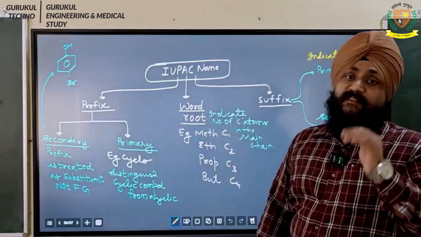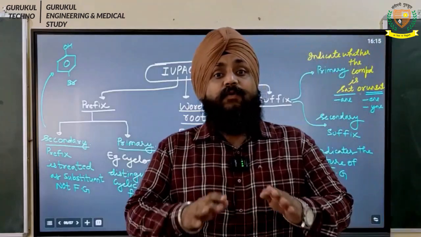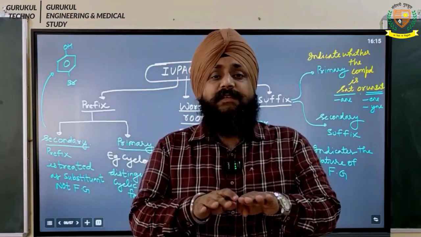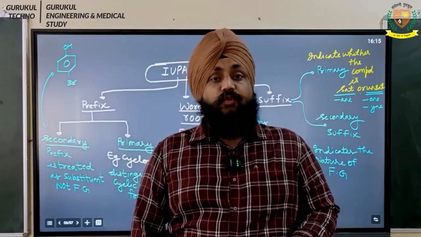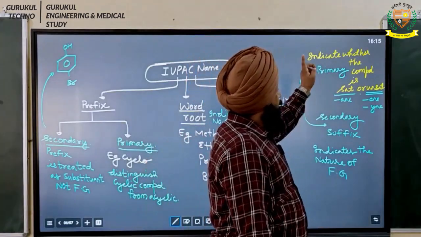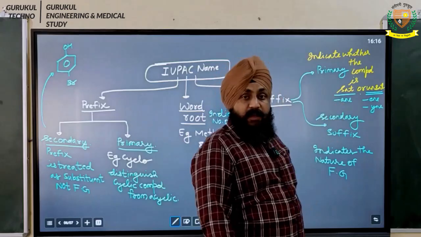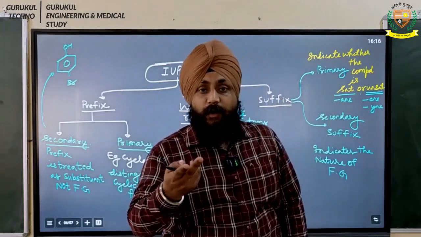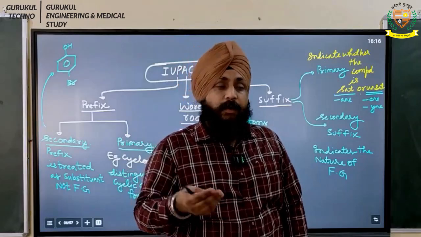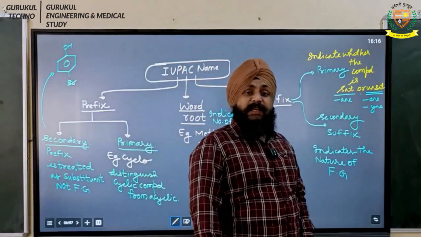अब ये primary suffix क्या बताता है कि कंपाउंड सैचुरेटेड है कि अनसैचुरेटेड है. अगर कंपाउंड में सारे सिंगल बॉन्ड है तो यू विल से इट इज सैचुरेटेड, तो यू विल बी यूजिंग द प्राइमरी सफिक्स एन. If it is unsaturated with double bond, you will be using ene. If it is unsaturated with triple bond, you will be using ine.